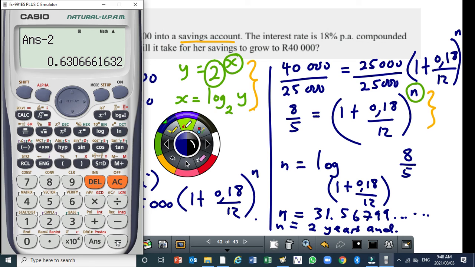Remember, the 0.63 is a fraction of a year. So I'm saying let's calculate the number of months equivalent to 0.63 of a year. That's times 12, and then you get that.